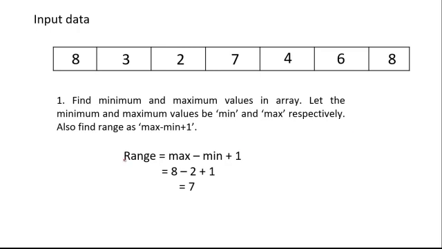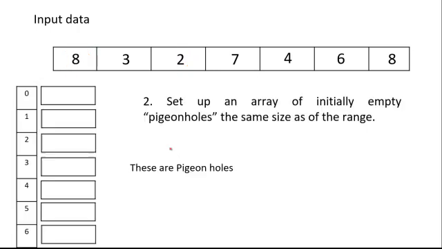Then we have 8 as the max, which is the maximum value in the array, and 2 is the minimum. So we have 8 minus 2 plus 1, we get 7. So the range of this array is 7.